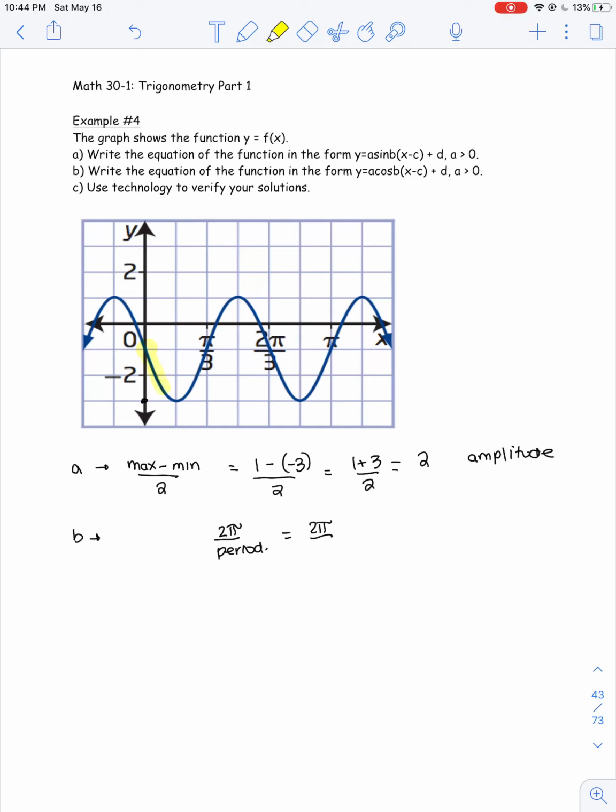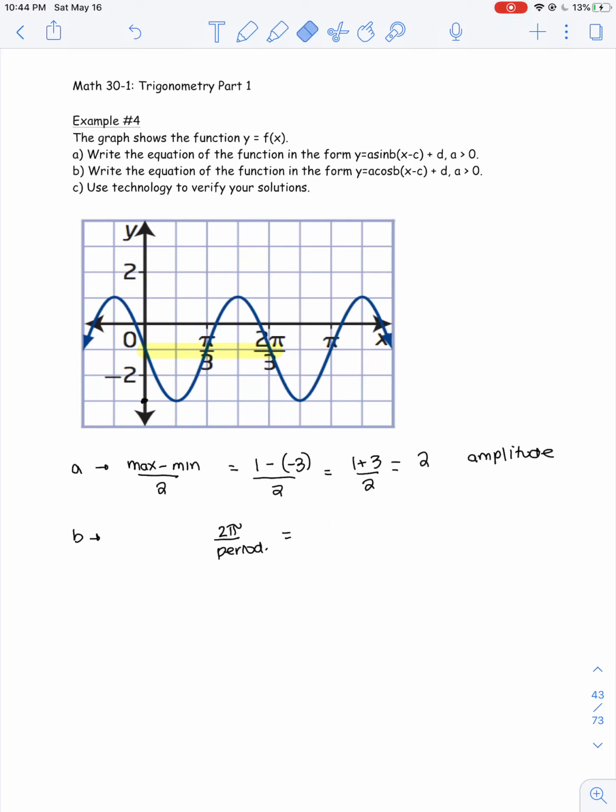As you can see, it starts right here. It goes down to a minimum, goes up to a maximum, and then reaches back there where the y value is -1, at 2 pi over 3. So we're going to divide 2 pi by 2 pi over 3.